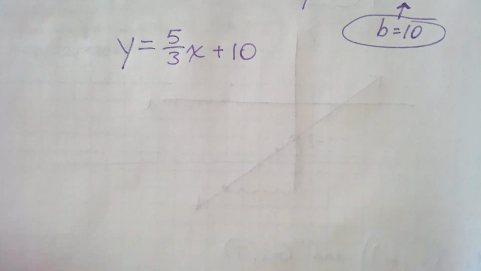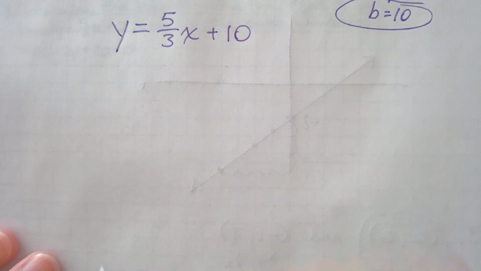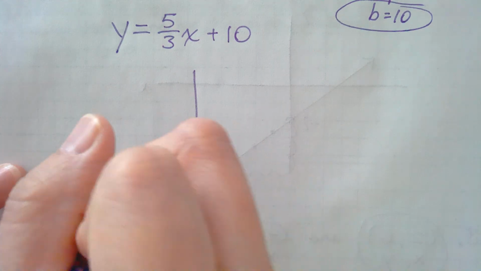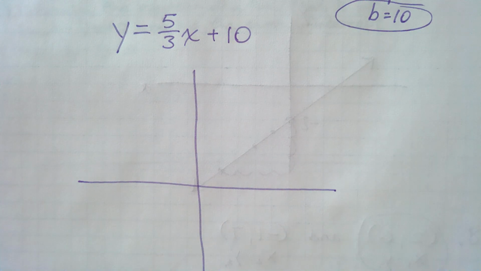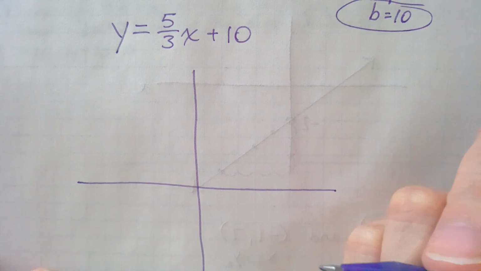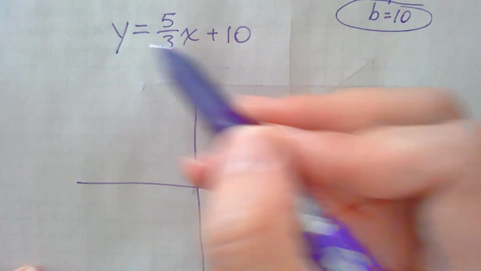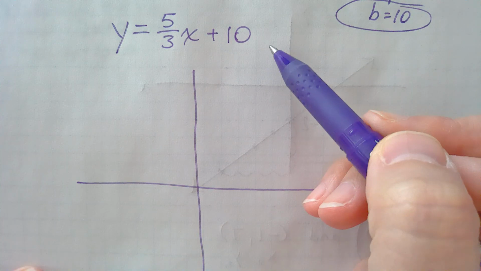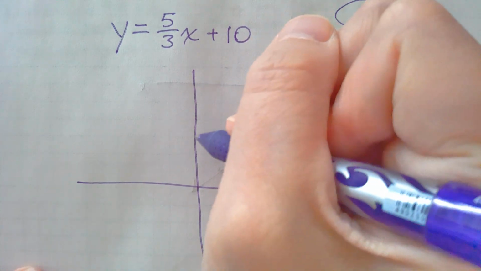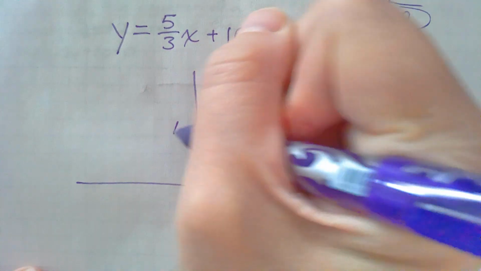Okay, let's make sure we know how to do this. So let's say we're graphing this. Let's graph this line. What am I graphing first, Rashawn? Oh, you gotta plot your 10. Yeah, plot the 10. We'll say it's right here.